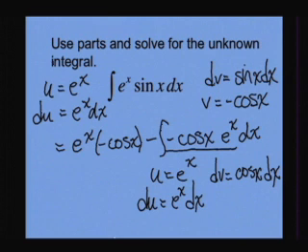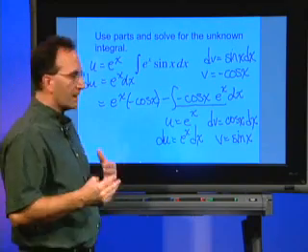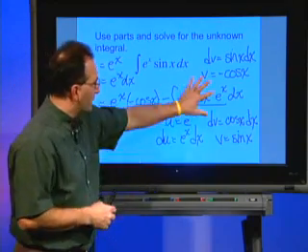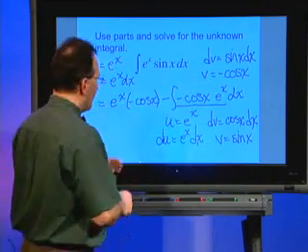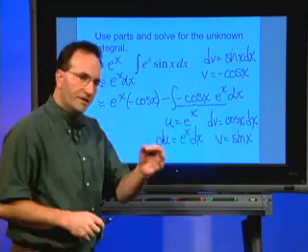And v will be equal to sine x. So now we can use the integration by parts formula for this part of the integral, and we want to multiply u times v and then subtract the integral of v du.